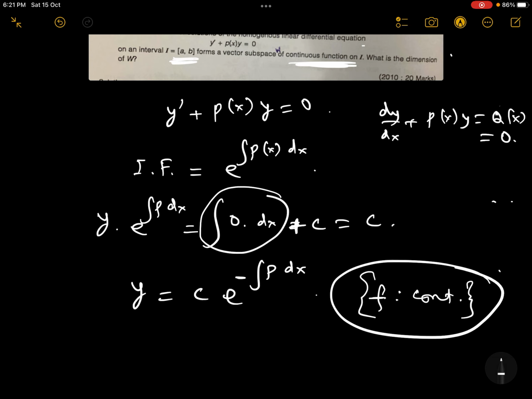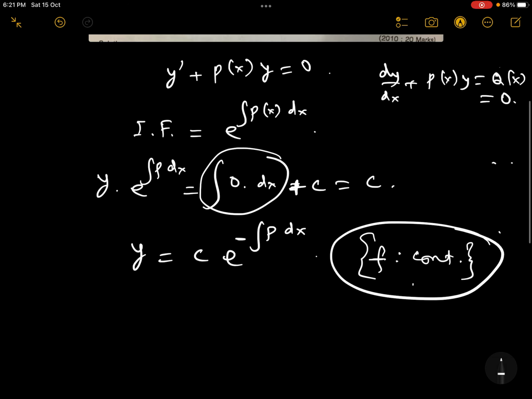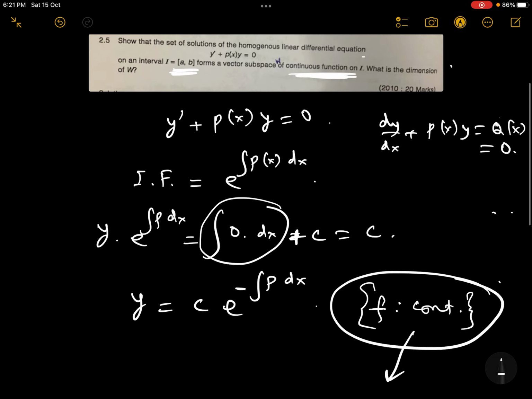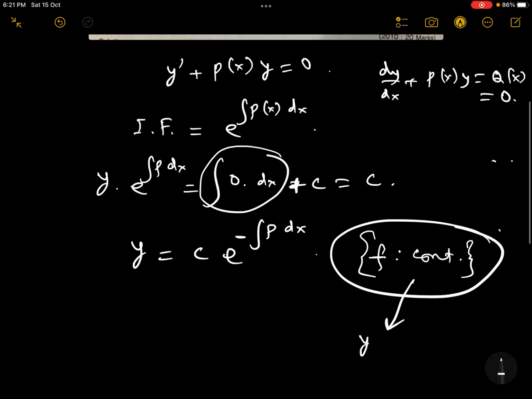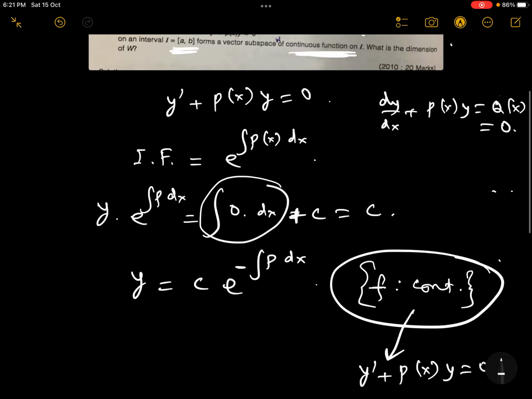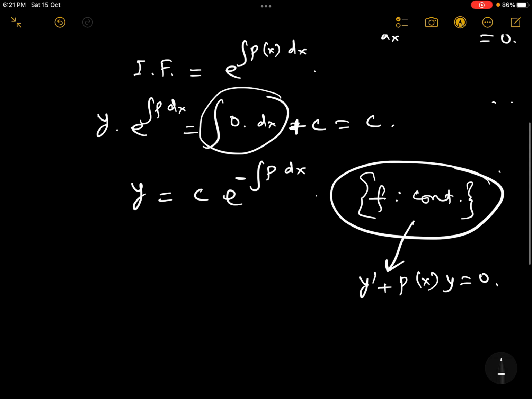From here we are taking out some functions such that those functions will satisfy this condition y prime plus p(x) y equal to 0, and those which satisfy this condition form a set. This is a set such that y is c e power minus integral p dx.